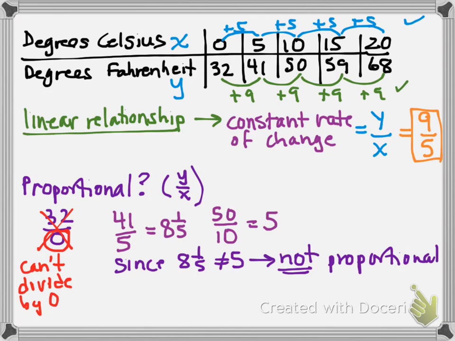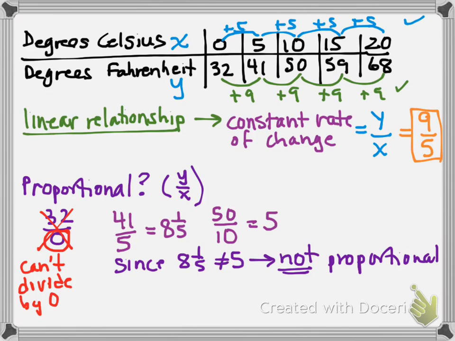If 50 tenths had the same quotient as 41 fifths, I would do 59 fifteenths. If that was the same, then I would try 68 twentieths. But as soon as I see a difference, I don't need to do any more, because I already know it's not proportional, because I had already 2 of them that didn't match up. So if I can find 2 that don't match, I'm done. Okay, so I just go systematically from the beginning of the chart to the end of the chart.